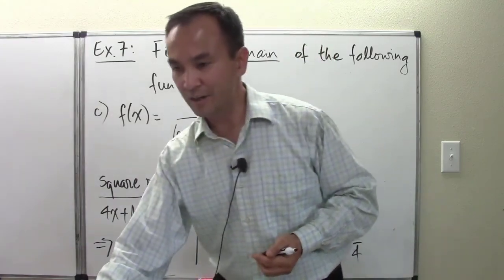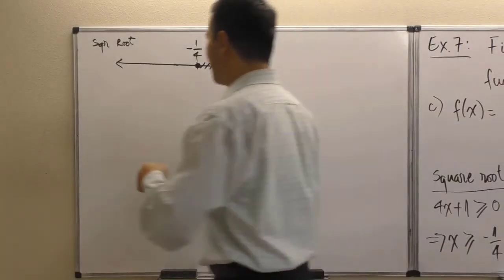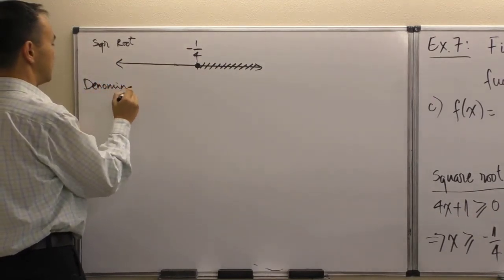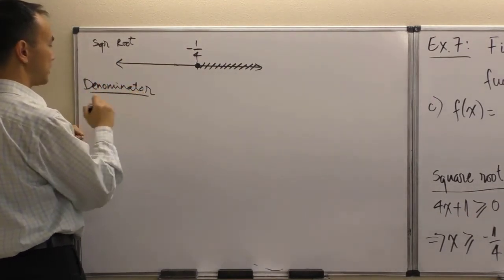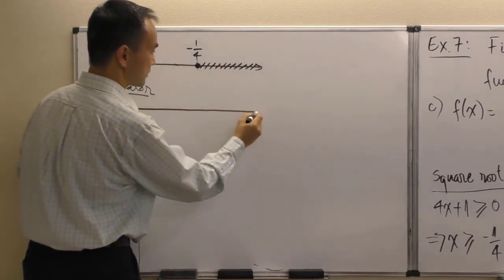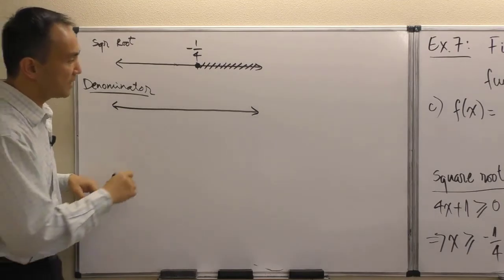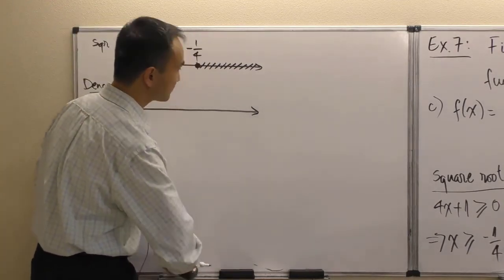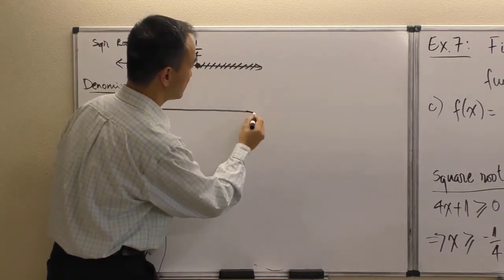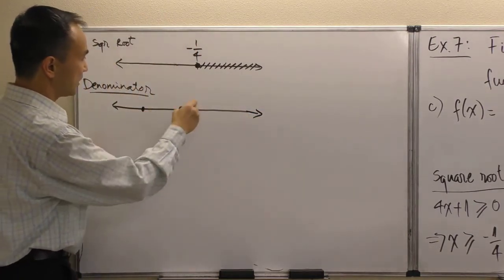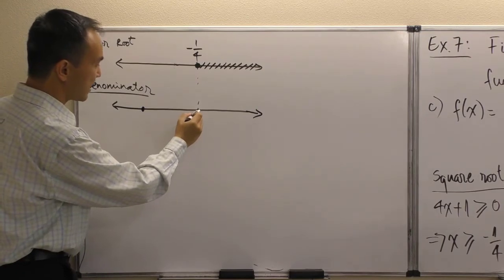Okay, and now for the denominator. For the denominator, I made the exact same line of numbers, with the exact same scaling.